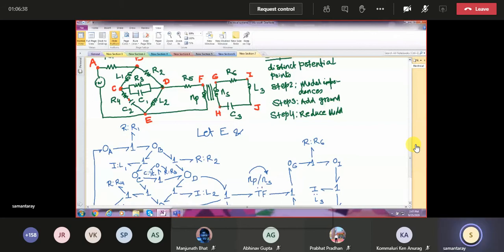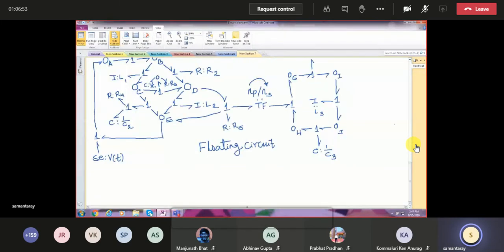That means we will put ground here. If we put this ground in the model, we include some sources.